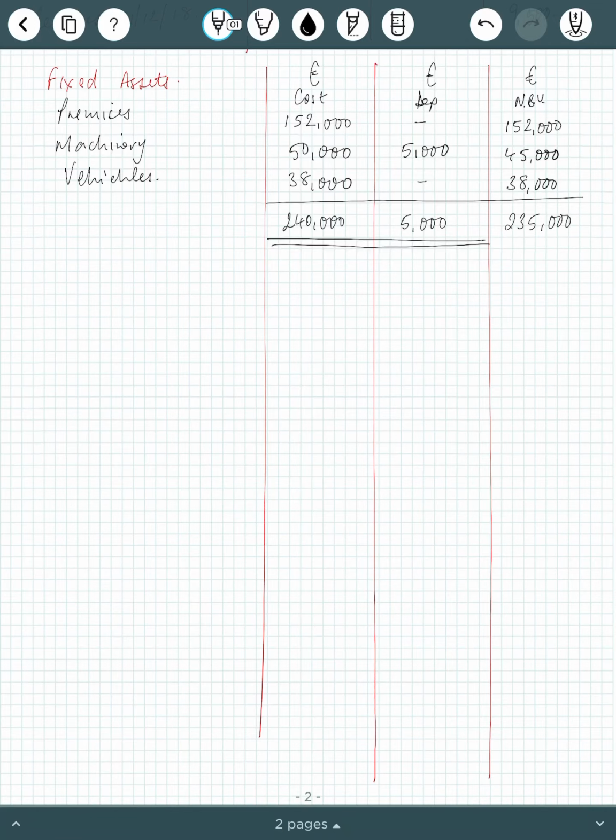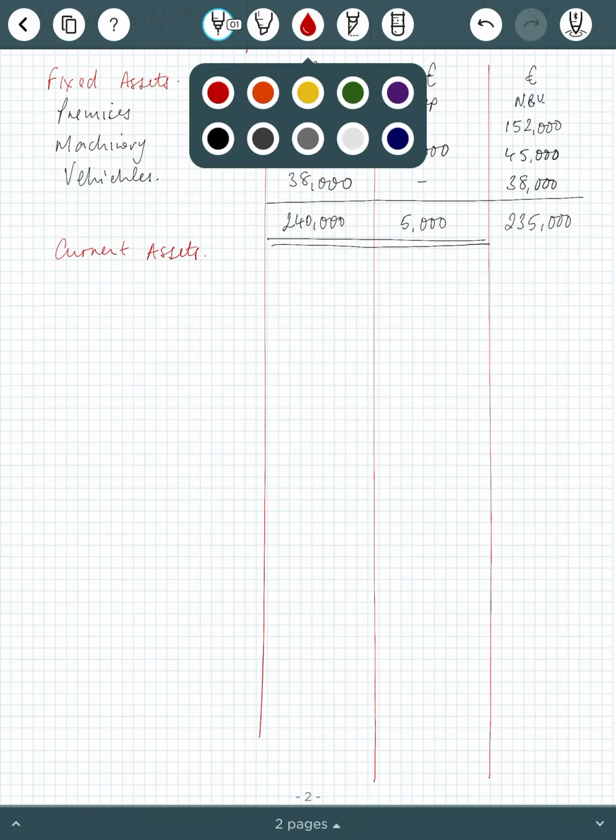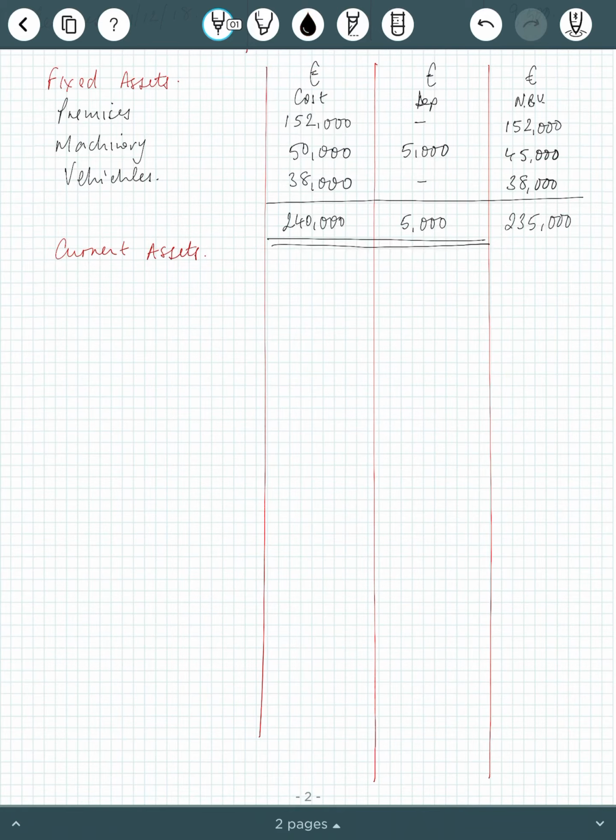The next heading is your current assets. So items that the company own for less than a year. In this question it's your debtors and cash, the cash you have sitting in the bank. And also don't forget your closing stock.